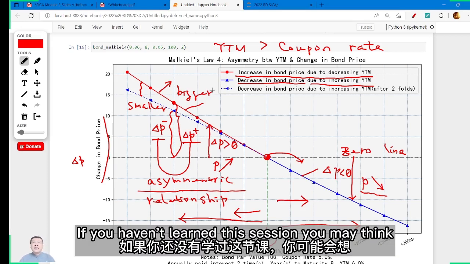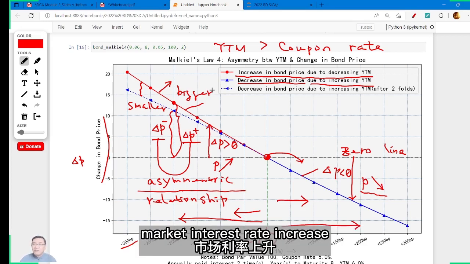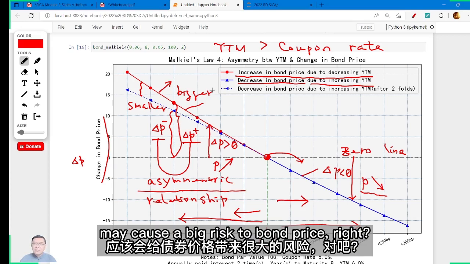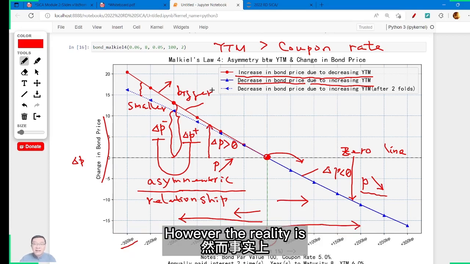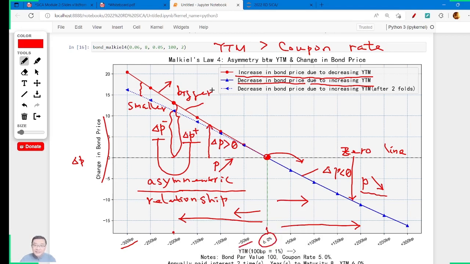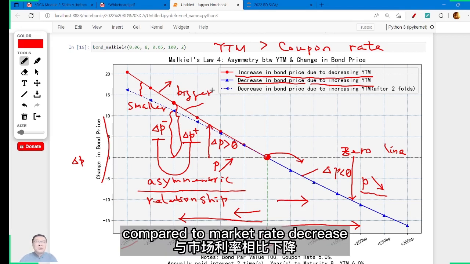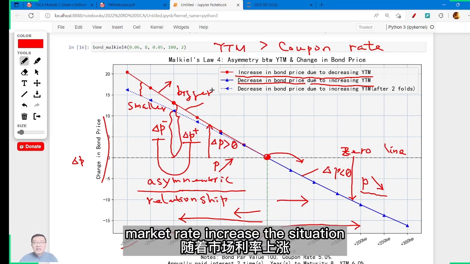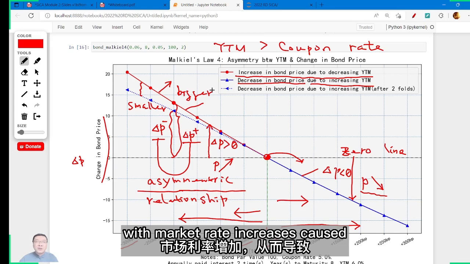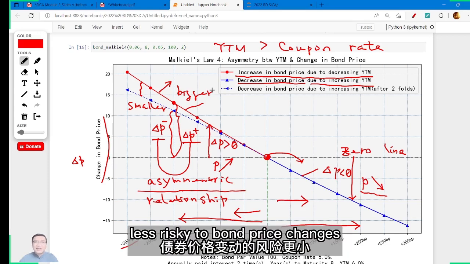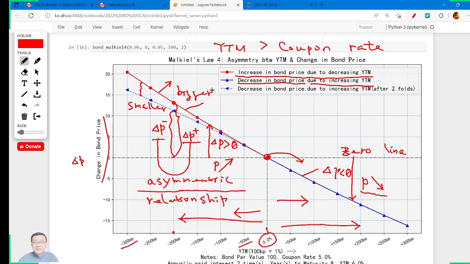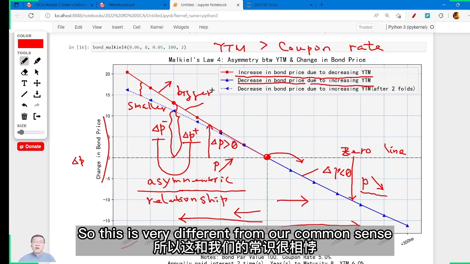If you haven't learned this session, you may think, wow, market interest rate increase may cause a bigger risk to bond price, right? However, the reality is, compared to market rate decrease, the situation with market rate increase causes less risk to bond price changes. So this is very different from our common sense.